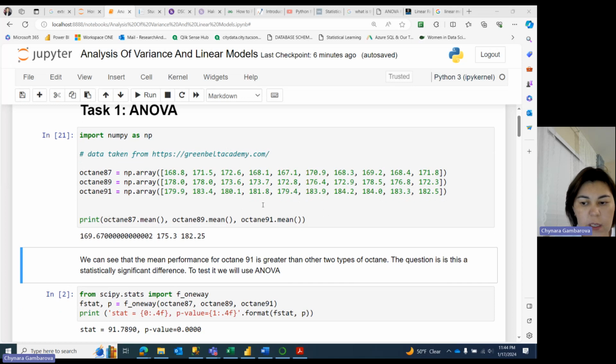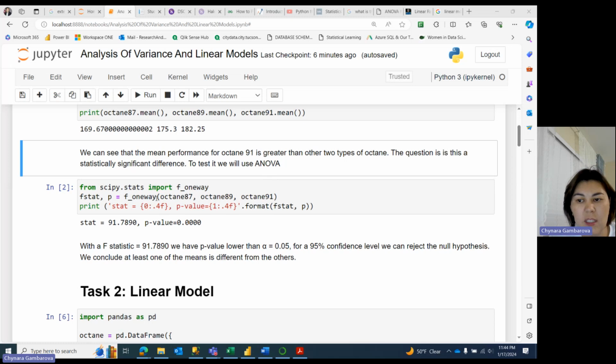So firstly, we can simply print the means, and as we can see, for octane 87 it's 169, relatively 175 and 182. Already we can say that their means are different. It means their effect on horsepower is different. So there is an effect of a level of octane, but that is not enough.